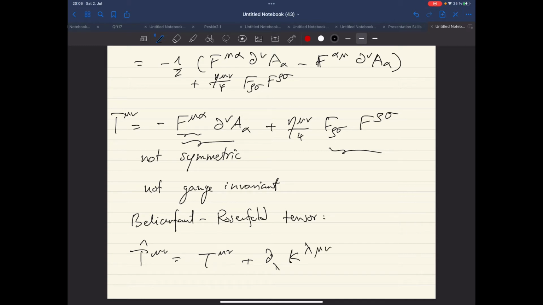We don't need to figure it out. Where, as said in the problem, K lambda mu nu is antisymmetric in the indices lambda and mu.